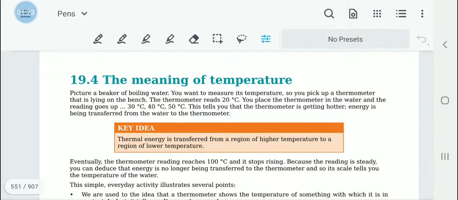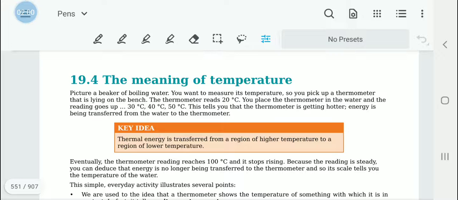So the thermometer, when you increase, for example, if you boil some water, after certain periods of time, you can actually see the thermometer giving a higher reading. That is because the water has transferred energy from it to the thermometer, right?